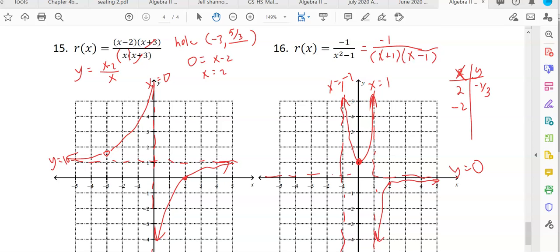And if I plug in negative 2, I get negative 1 over negative 1 times negative 3, which is positive 3, so negative 1/3 also. So it's going to be down over here. And you got it.